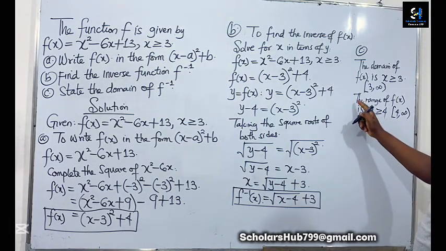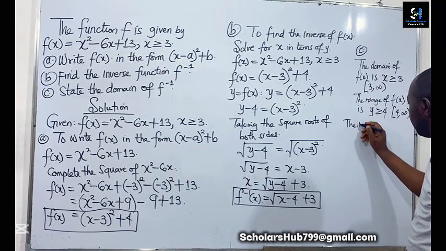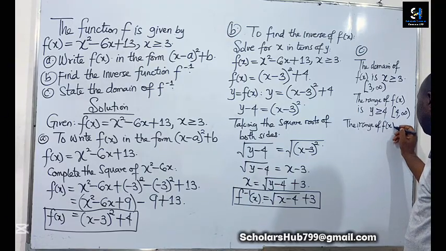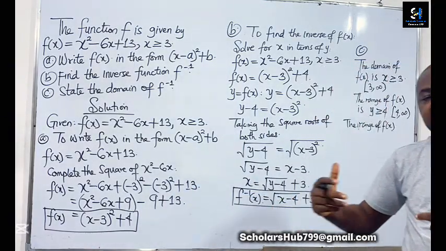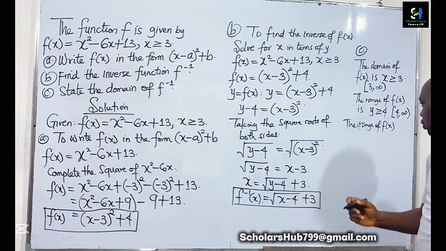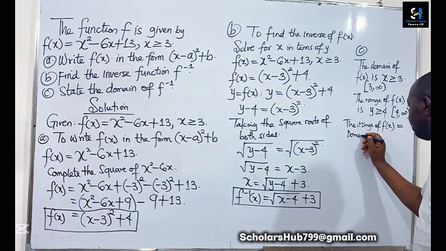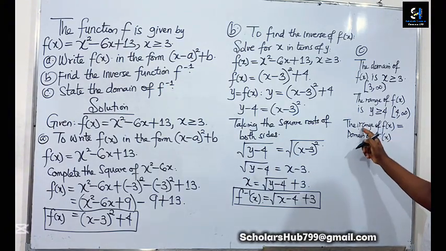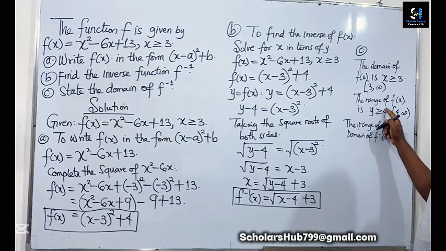So the range of a function is the domain of its inverse. The range of f of x is equal to the domain of its inverse. The range of f of x is y greater than or equal to 4.